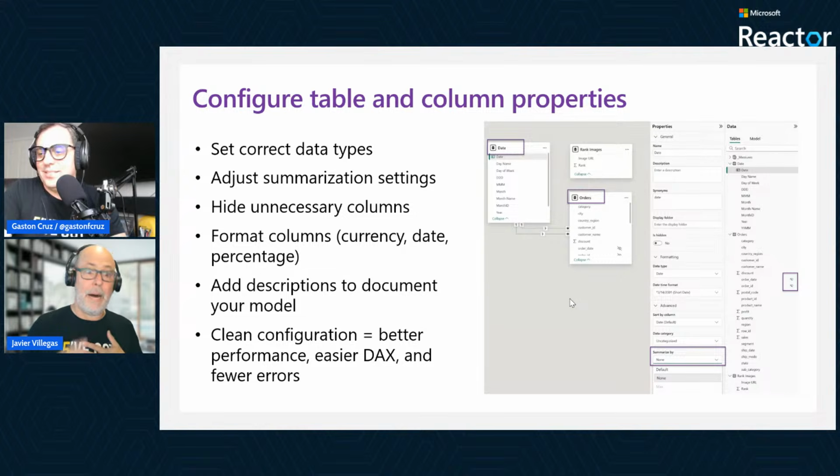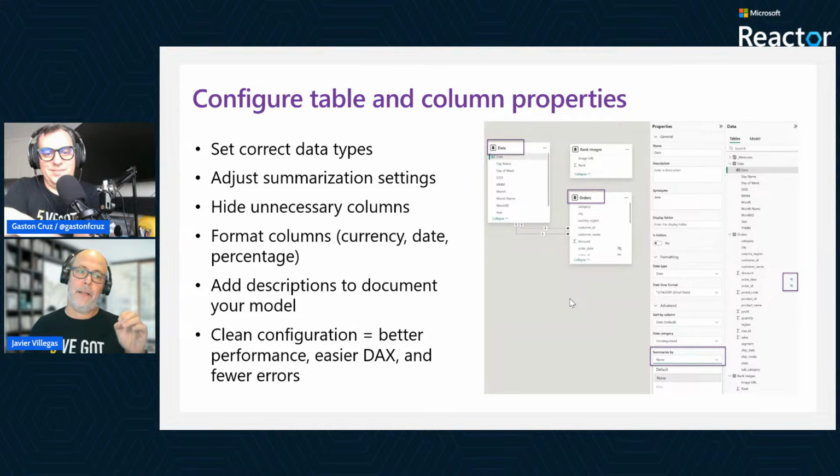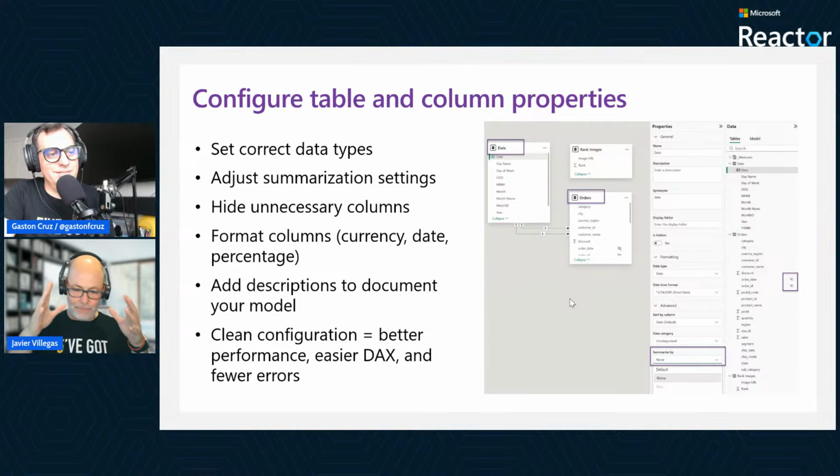Exactly. My key advice here from this list is definitely add the description when you are documenting your model, because maybe you are working on it today, building the architecture, and you have it so fresh in your head.